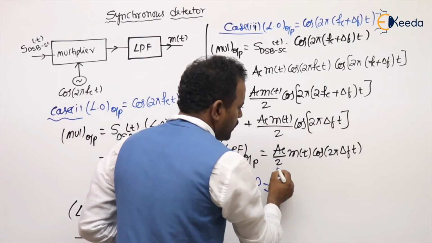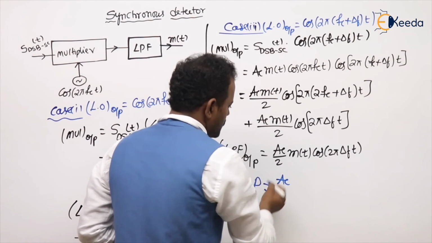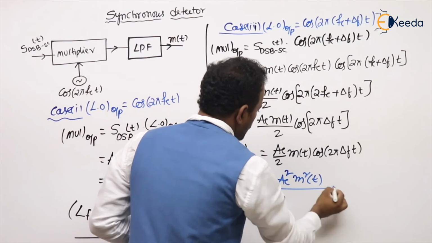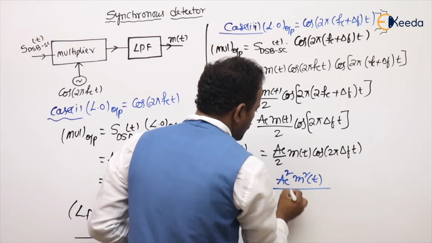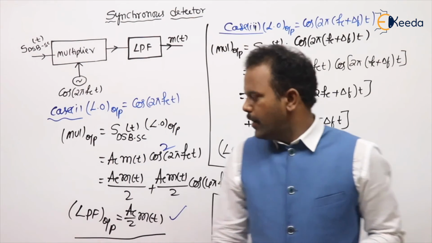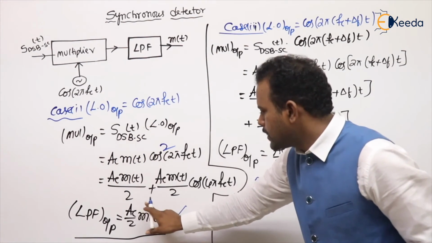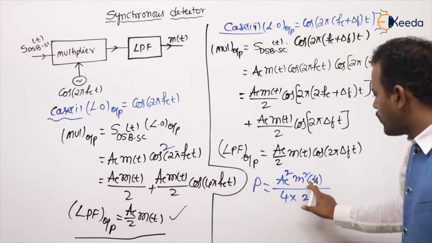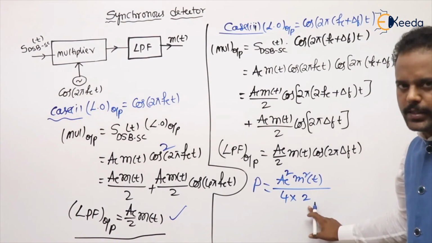A_c m(t)/2 divided by root 2. Square it: A_c² m²(t) by 4 into root 2 whole square, which is 2. Here we get A_c² m²(t) by 4 and another 1 by 2 is there.